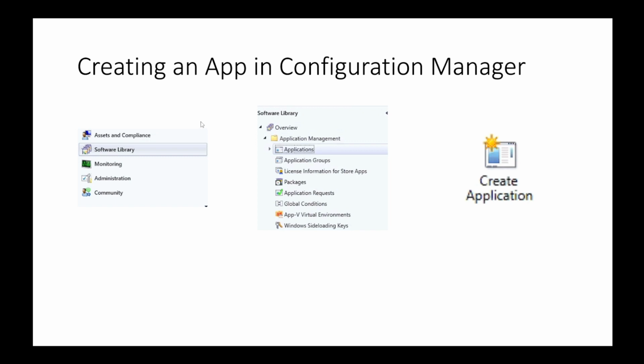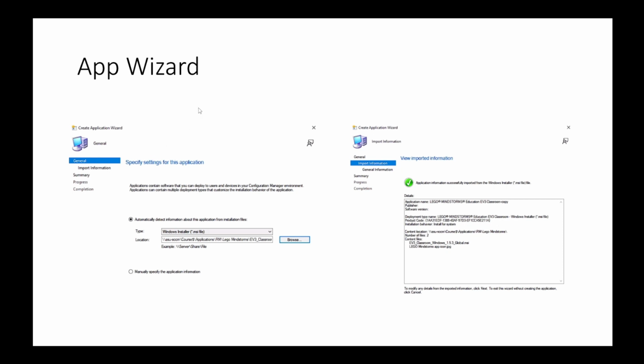And to do that, you're going to want to click on the left hand side on the bottom on Software Library, go to Applications, and on the top left corner there should be a Create Application button. It should lead you to this app wizard. You can see this is a Windows installer .msi file.